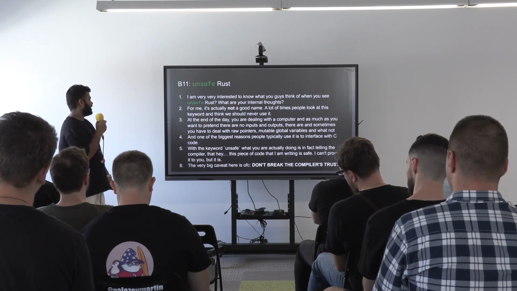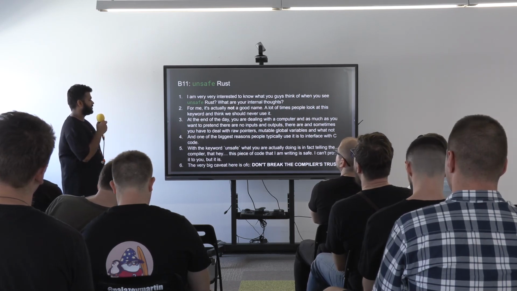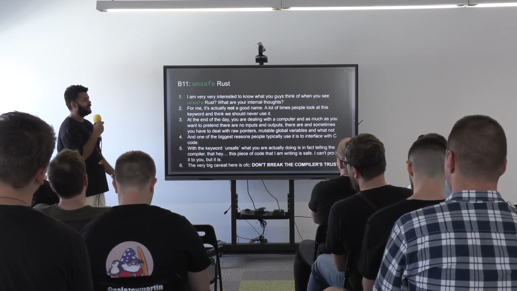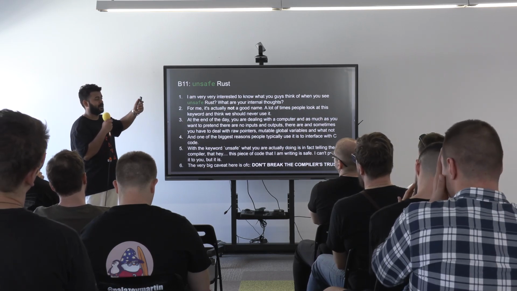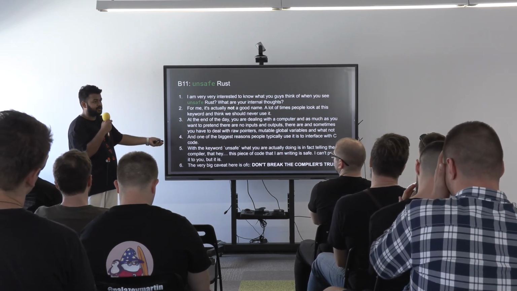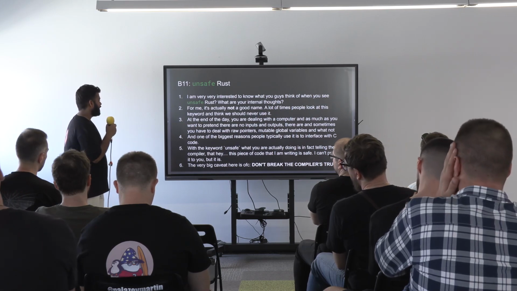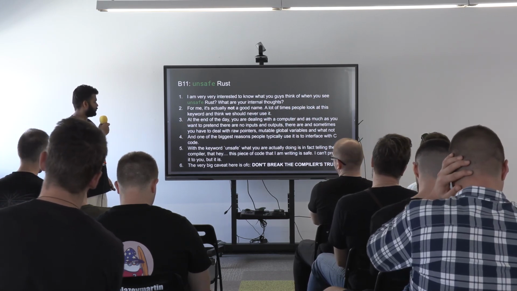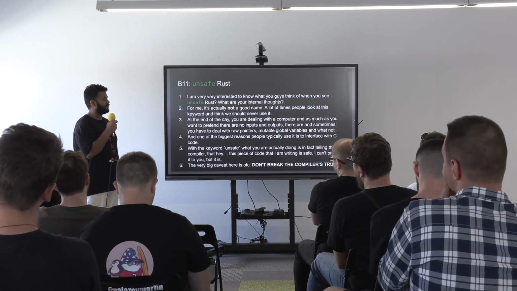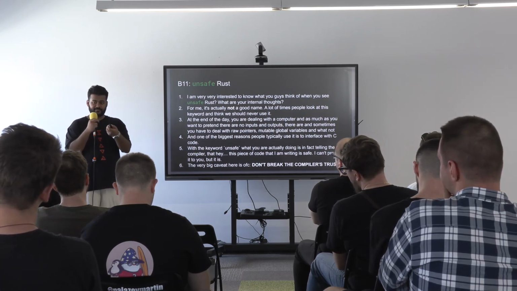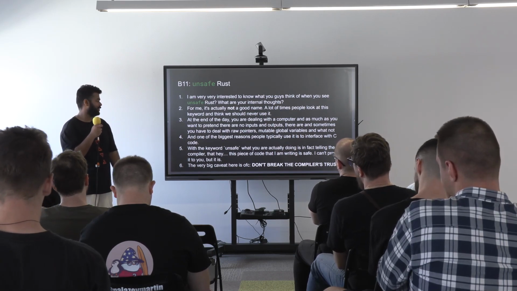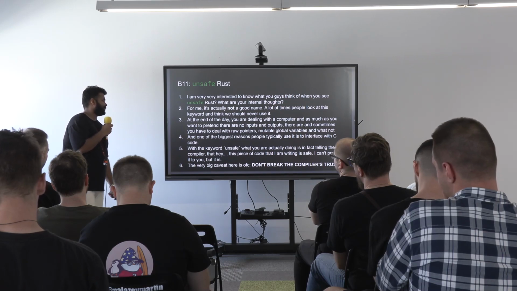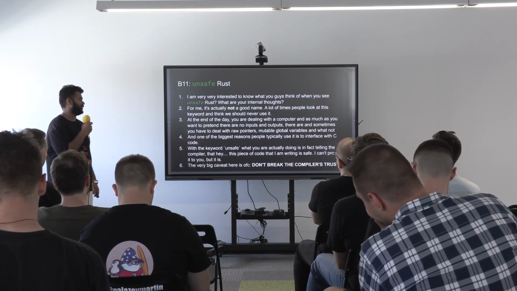There are, and sometimes you have to deal with raw pointers, mutable global variables, and whatnot. So basically, things that Rust tries to provide from an architectural standpoint, but you have to do it because the program demands it. One of the biggest reasons people use it is to interface with C code, and when you interface with C code, you have to deal with null pointers, raw pointers, not null. So yeah, you have to use unsafe here and there.